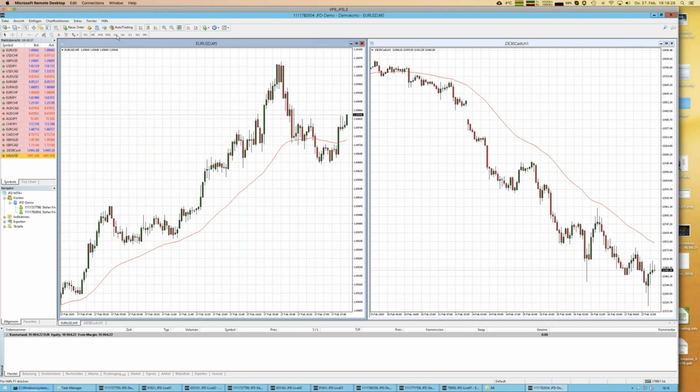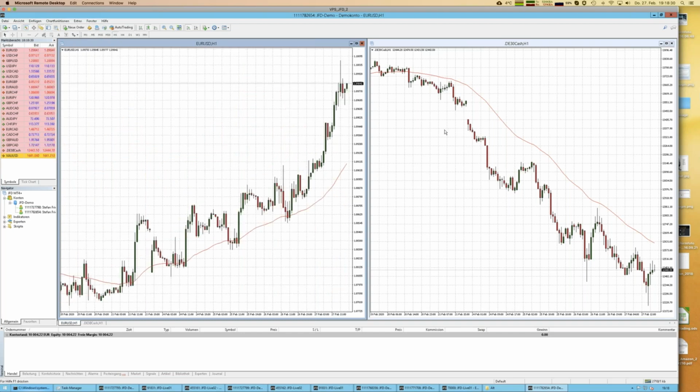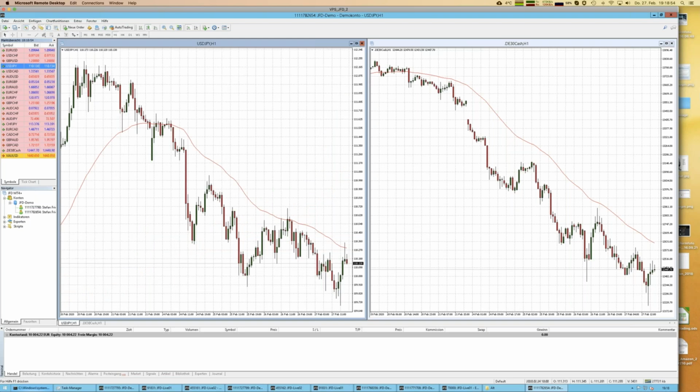That's about candles. And you see, we have 2 charts here, one for the DAX and one for Euro US dollar. You see, I have other symbols here as well. So if I want to have another currency pair, not Euro US dollar, I can just take that and drag and drop it here, and then the chart is a new one.